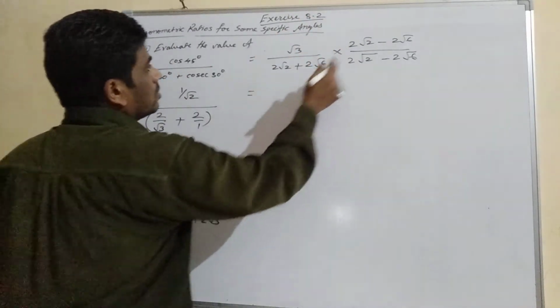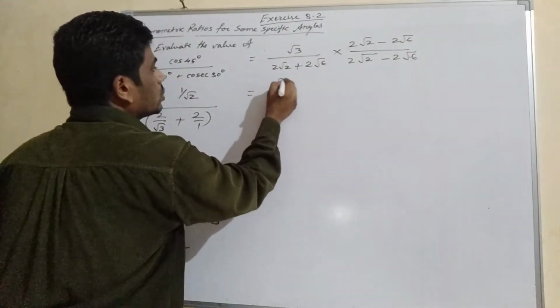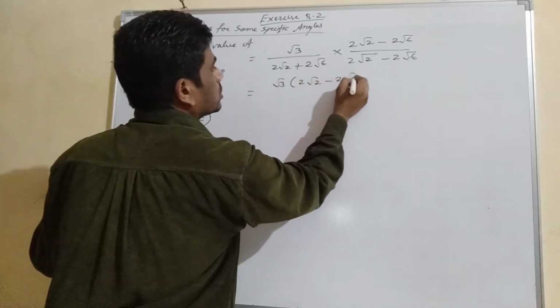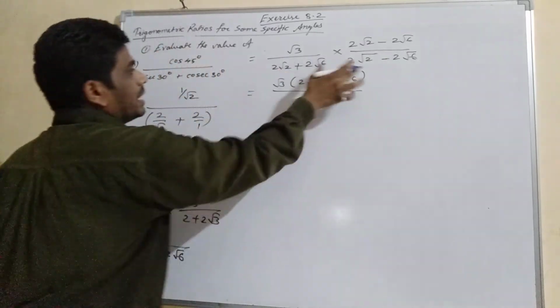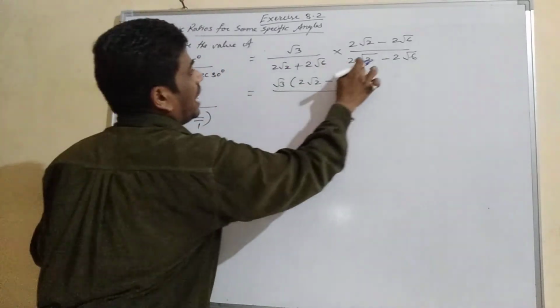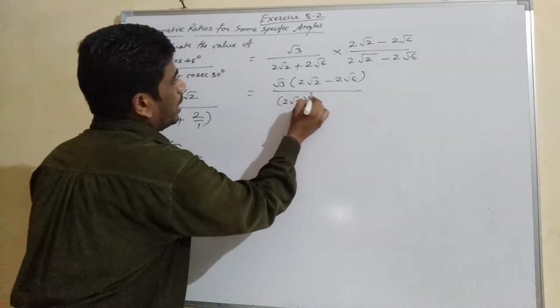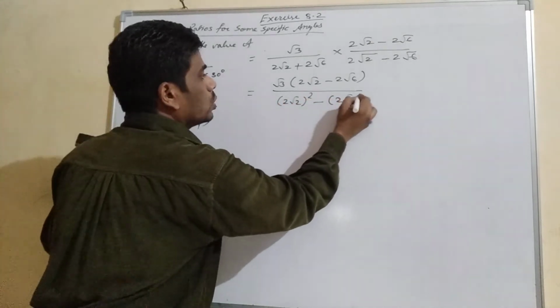Now we will multiply, so root 3 into 2 root 2 minus 2 root 6 upon, here we get a plus b times a minus b, so a square minus b square, which means 2 root 2 whole square minus 2 root 6 whole square.